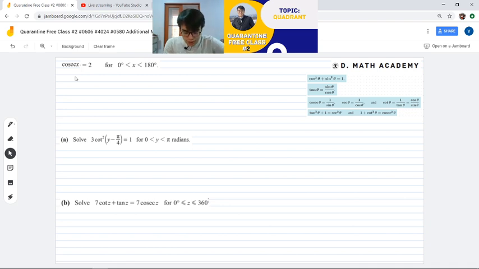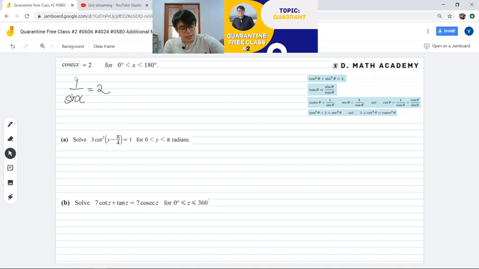Okay, so cosec over here can be changed into 1 over sine. So we have 1 over sine x equals to 2.